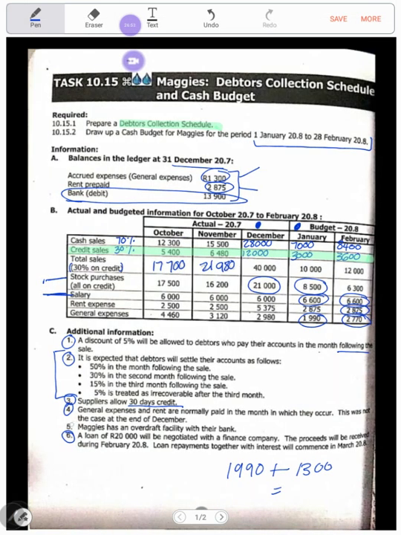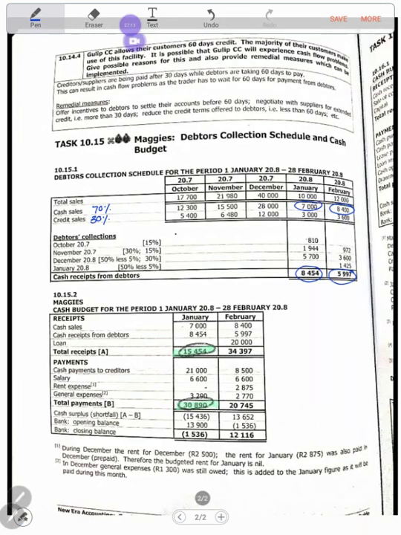And remember this little point over here, they're saying that Maggie's has an overdraft facility. So yes, this account can go into a negative. The permission has been granted. We have negotiated the overdraft facility to go into a negative balance.